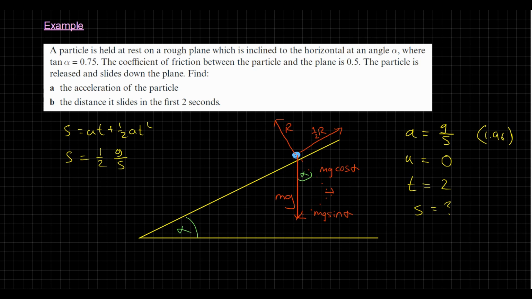Times t squared, which is 2 squared, 4. Multiply that out, we get 2/5 g. And if we put that in the calculator, 2/5 times 9.8, we get a distance of 3.92. So that's 3.92 meters. Okay, and that's it, we've done it. The distance it slid in the first 2 seconds.